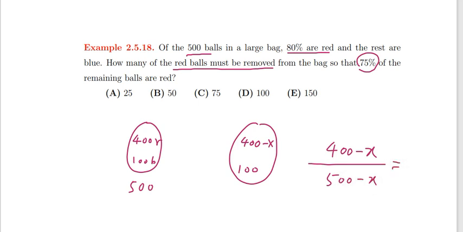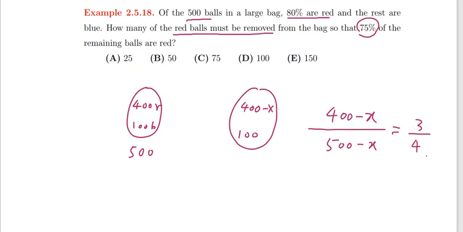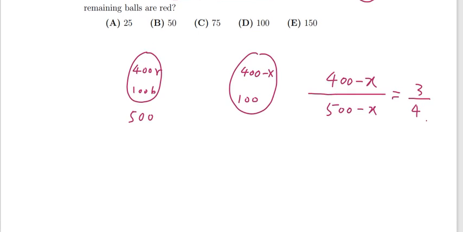So this ratio is 75%, which also can be 3/4. So we can solve for x easily. Just 4 times (400 minus x) equals 3 times (500 minus x).